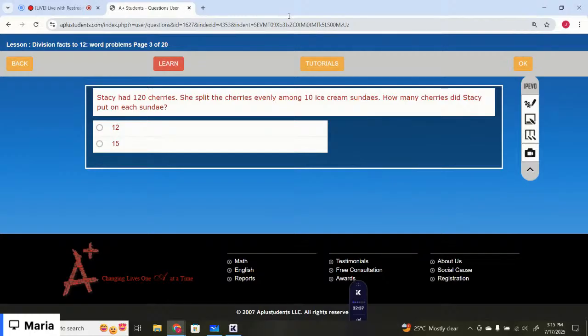Stucky had 120 cherries. She split the cherries evenly among 10 ice cream sundaes. How many cherries did Stucky put on each sundae? So, which is the correct option?